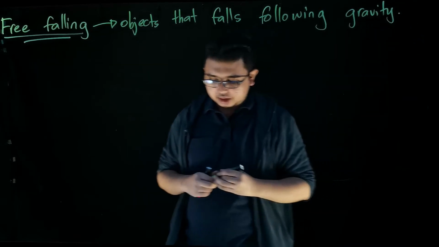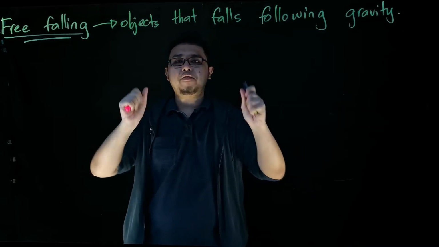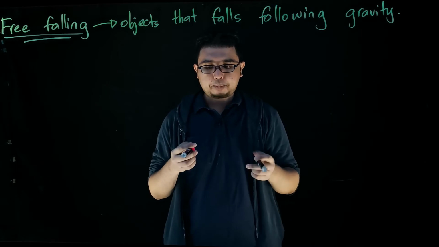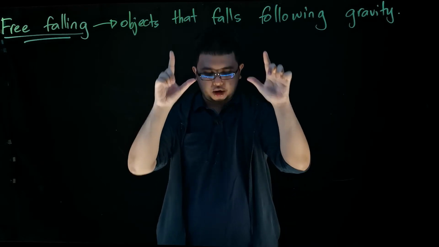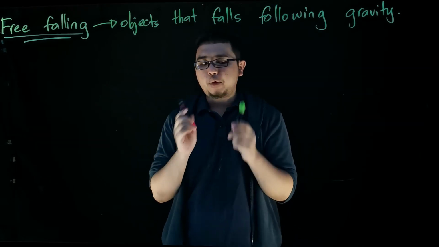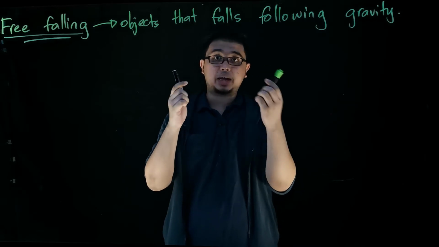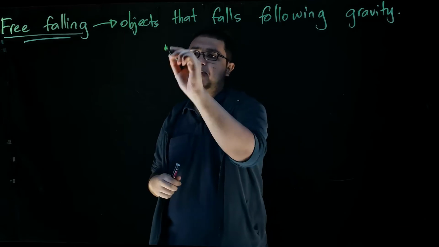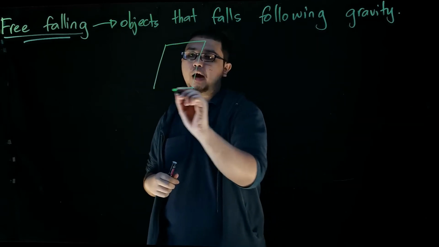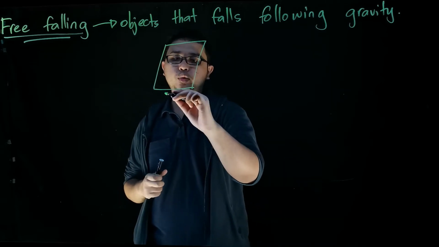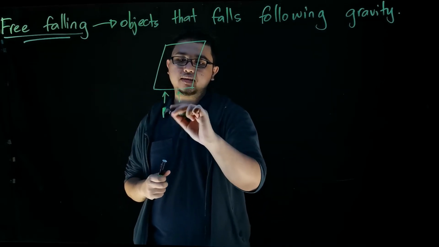So just imagine two different objects of the same mass, right? If I were to drop them from the same height, they're going to fall at the same rate. However, assuming one of these objects has a different shape, a bigger surface area, an object having a bigger surface area will cause it to experience a resistance.